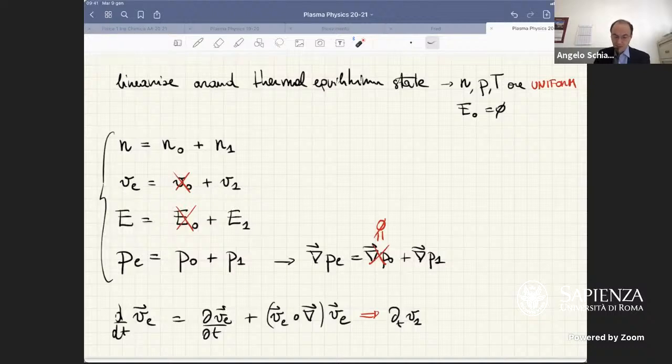So we have the time derivative of V1, the velocity perturbation, plus the other term, which is V1 times the space derivative d/dx, and this is not going to be a dot anymore, it's just a multiplication in 1D of V1. And as you can see here, this is a second order term in the perturbation. So we drop it because this is second order.